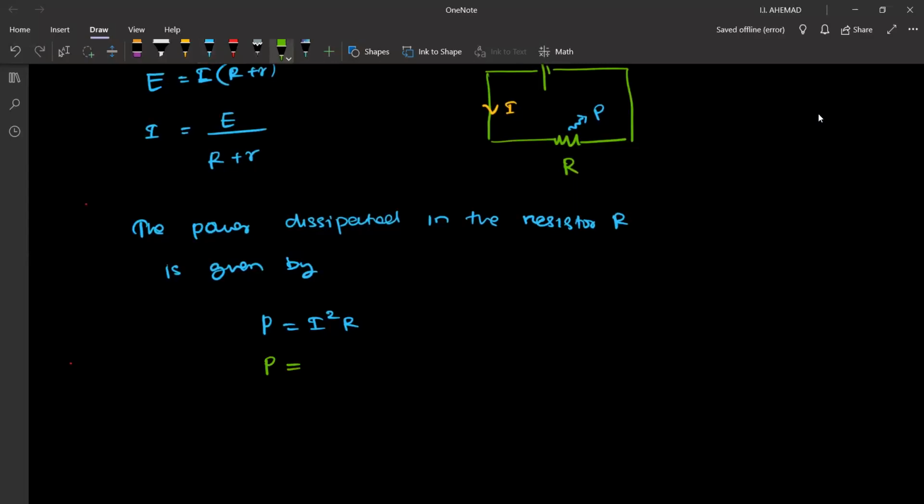So P is equal to E squared over (R plus r) squared, into R.